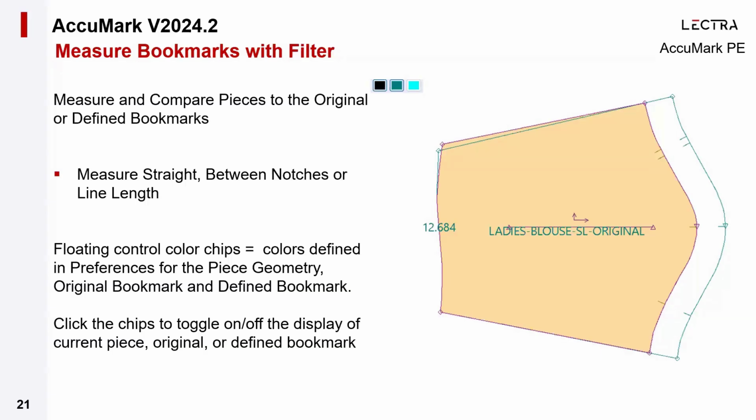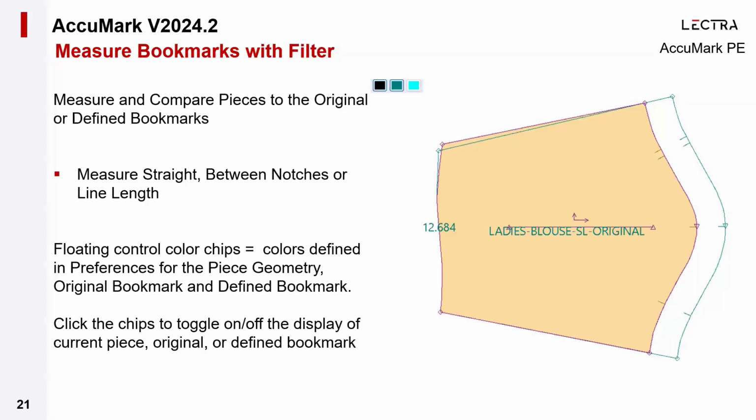So in this version, we've provided a way for you to toggle on and off the individual elements, the piece geometry or the bookmark, for visual confirmation that you're really measuring the line that you meant to measure.